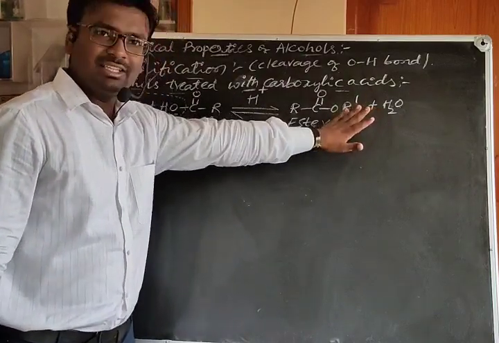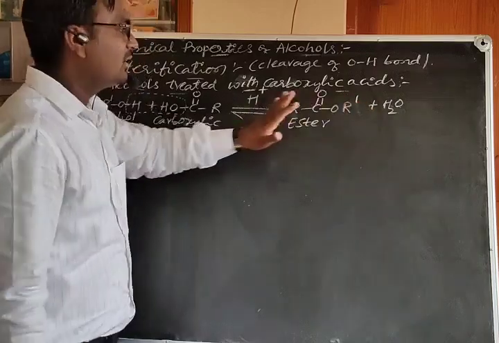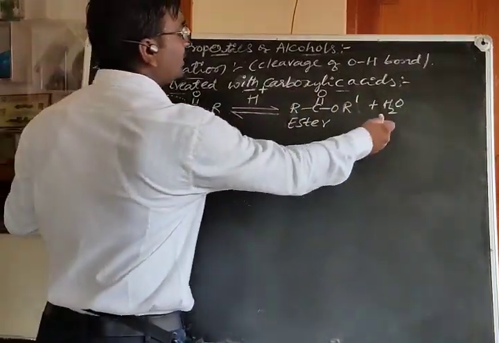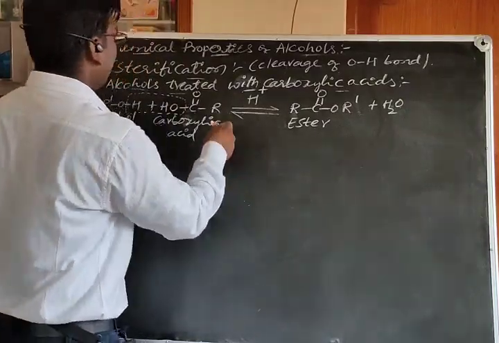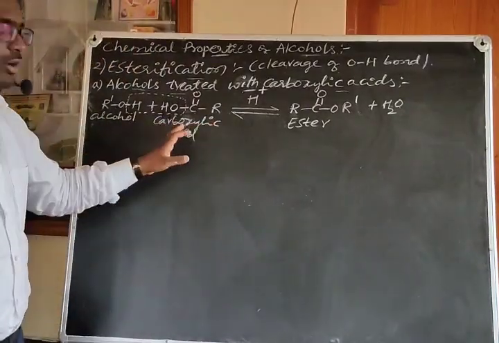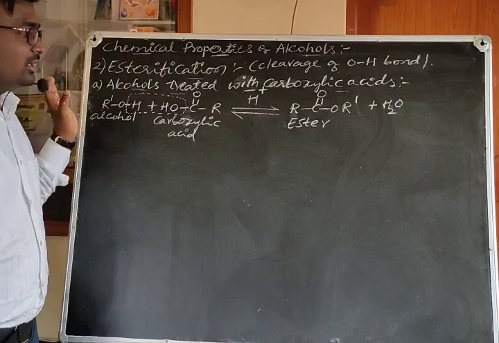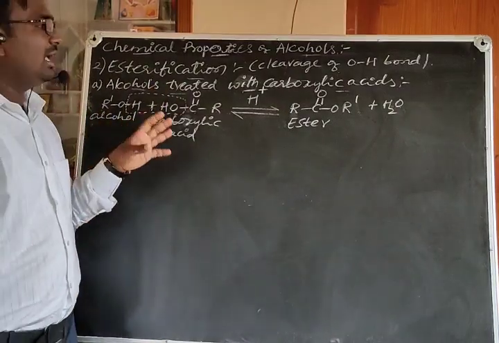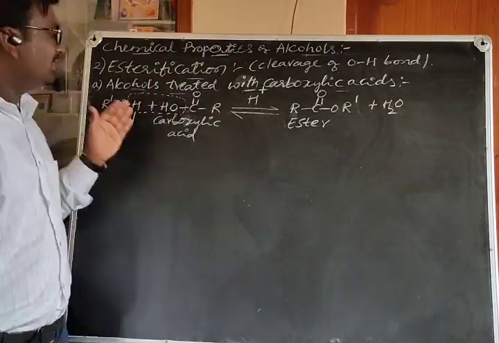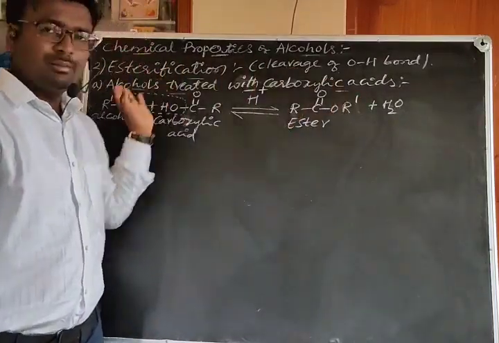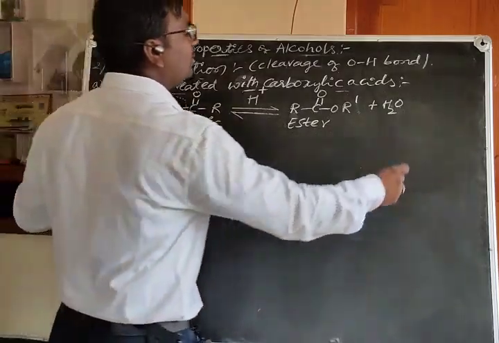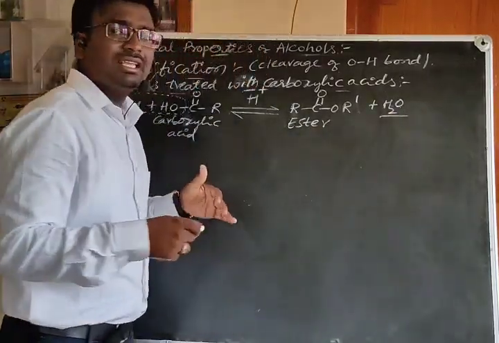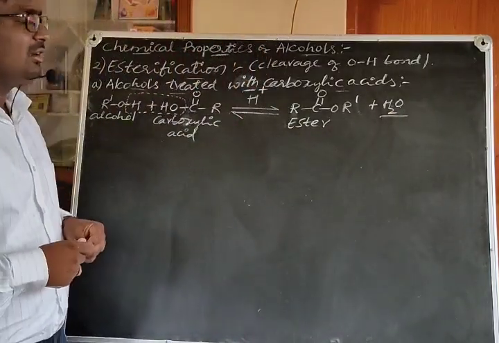If you leave this reaction mixture as it is, after some time H2O starts reacting with the ester and gives back the carboxylic acid and alcohol. So this type of reaction is called a reversible reaction. It can take place forward and backward. So what we have to do is remove the H2O as soon as it forms.